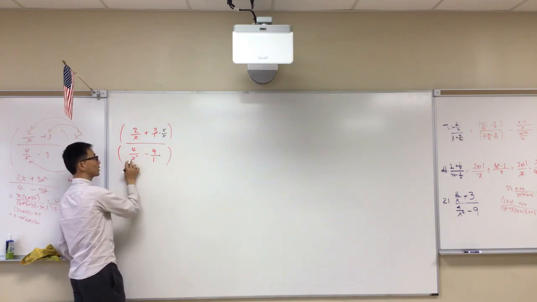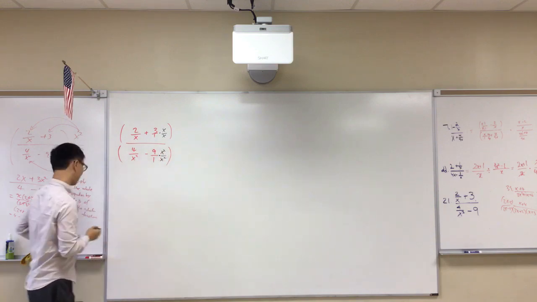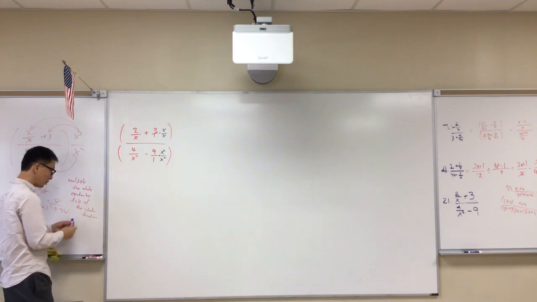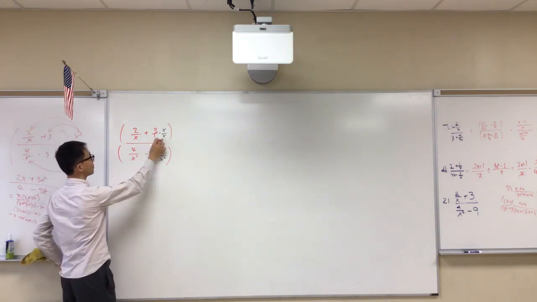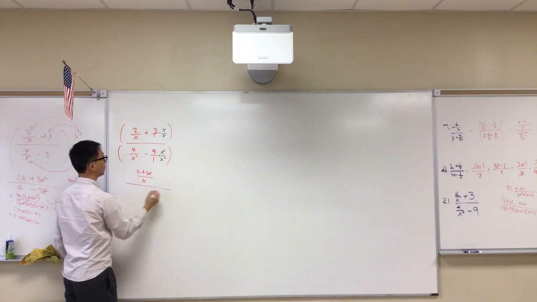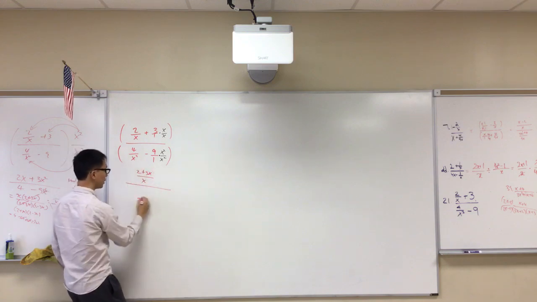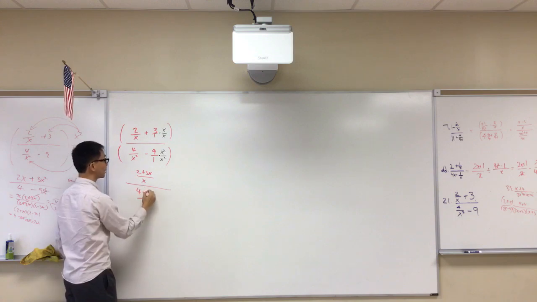The least common denominator is what? X squared over x squared. And then you say, well, now they have the same denominator. So I'm gonna say it's x, and that's 2 plus 3x, all over x squared on the bottom, and this one's 4 minus 9x squared.